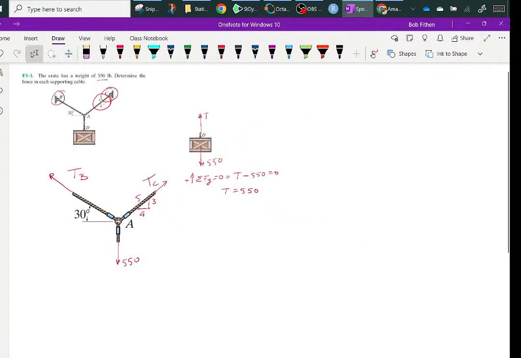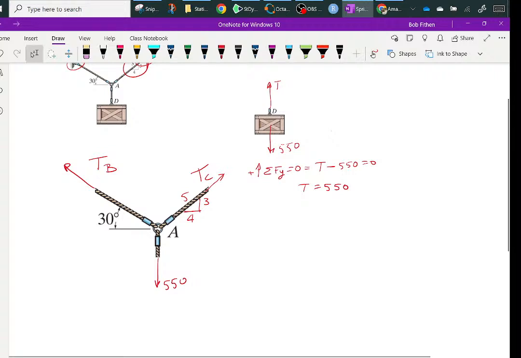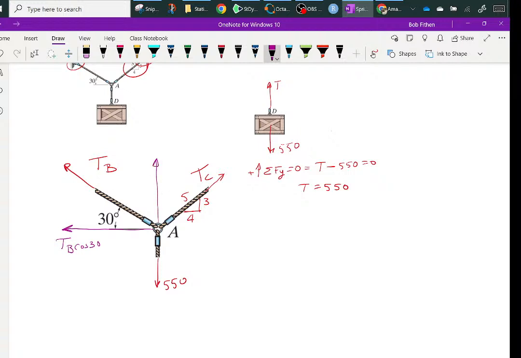And so now what I've got to do is break these into X and Y components. Technically I've got to put this, which is TB, and that's cosine 30. And then this one will be TB sine of 30, and that'll go together to form this.